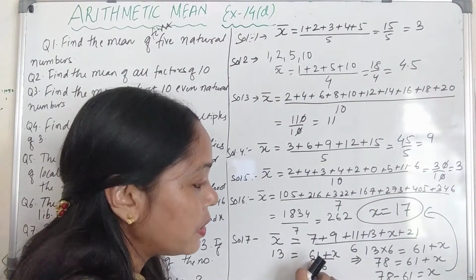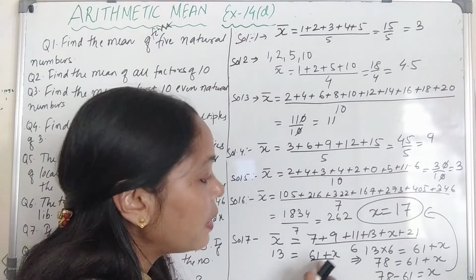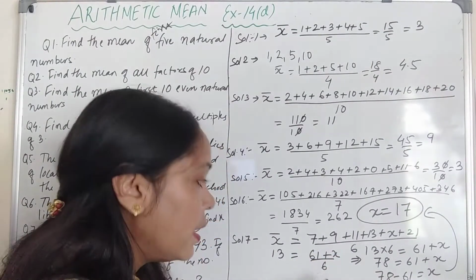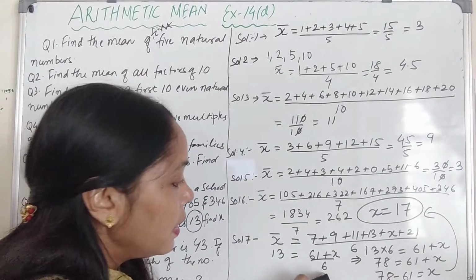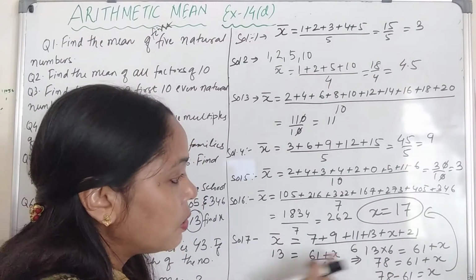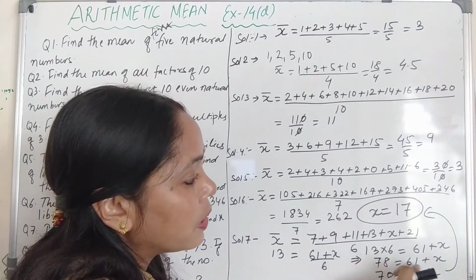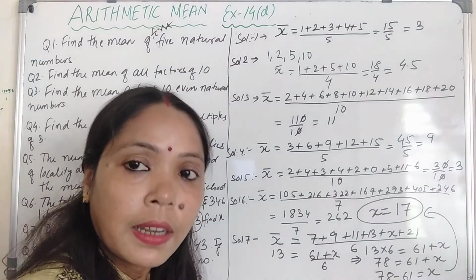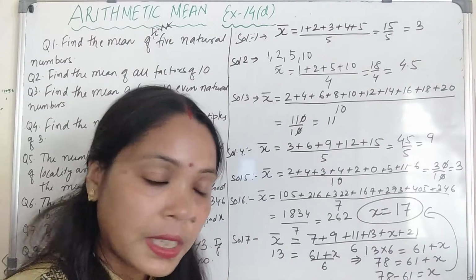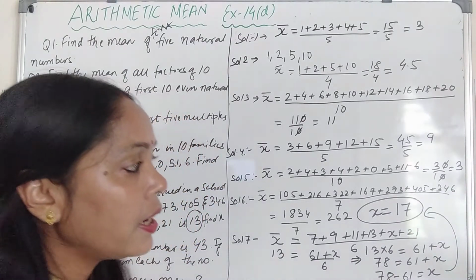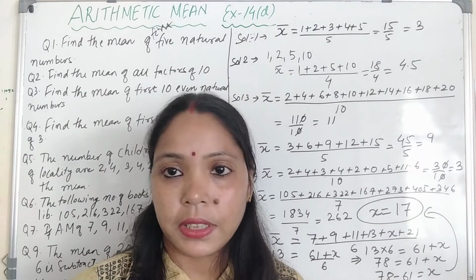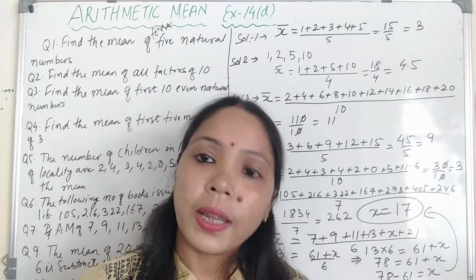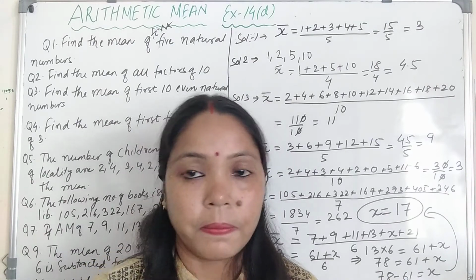If you add all the numbers, you will get 61 plus x by 6. Now just solve. Make this 6 here. 13 into 6 will be 78 equal to 61 plus x. Bring the 61 from the right hand side to the left hand side. 78 minus 61 will be 17. So the unknown value of x is 17.